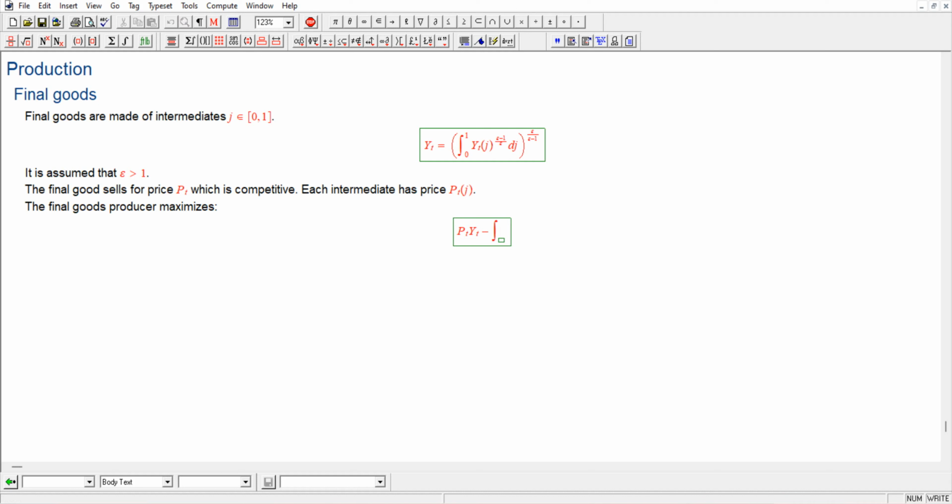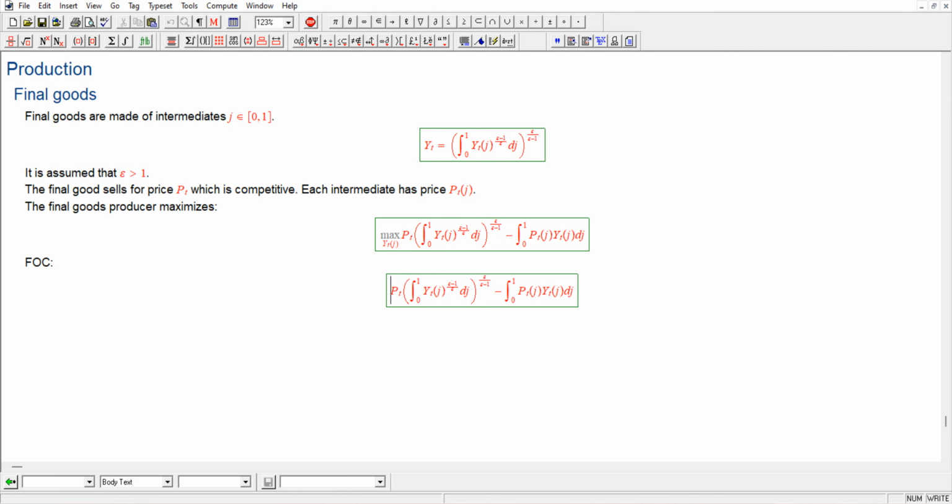And their costs, of course, are whatever they have to pay for each of the intermediates. We can replace output with this expression, and so what the firm is doing is maximizing this with respect to each and every y sub j. Let's take the first order condition of this with respect to any particular y sub j.